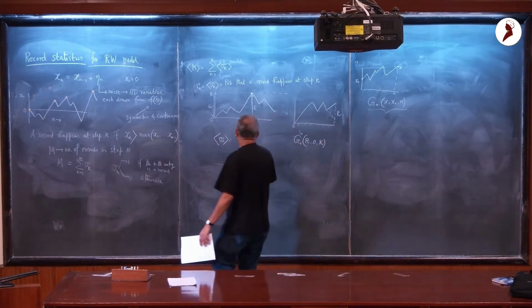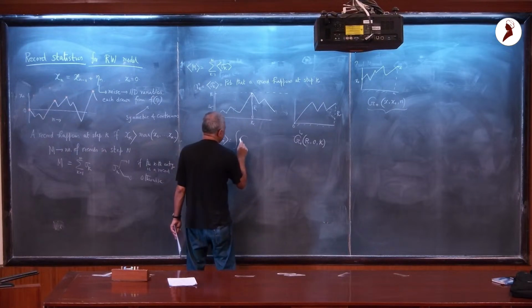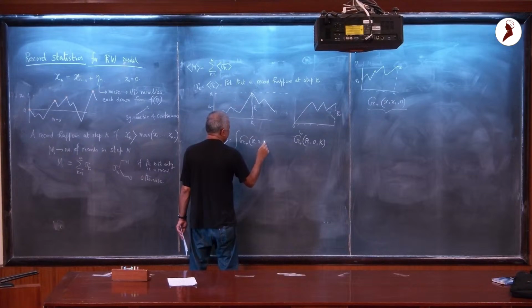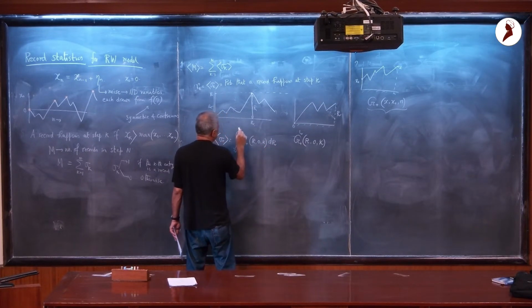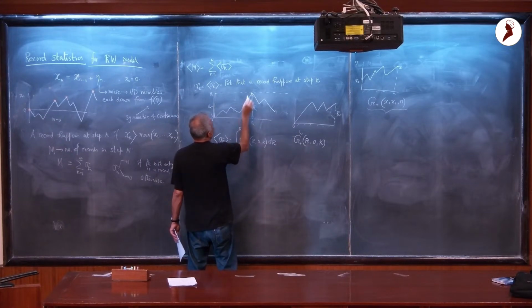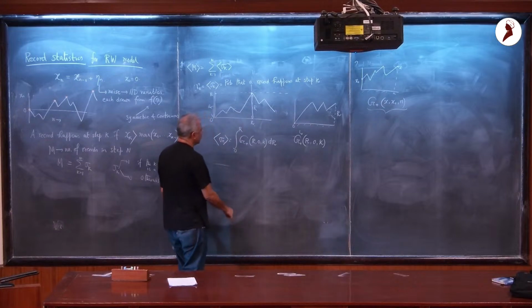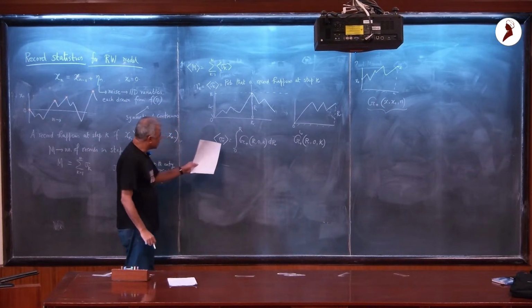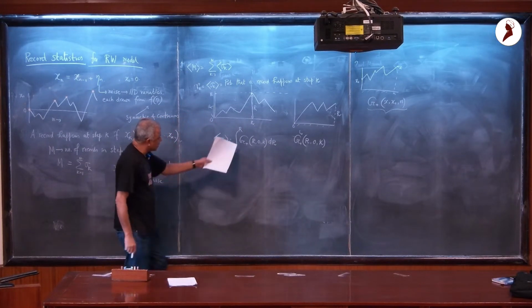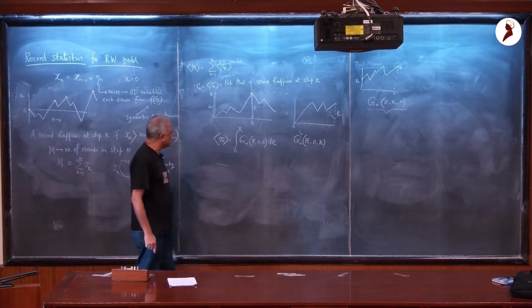So this is exactly g plus of r, 0, k, and I have to integrate over all possible values of r, right? Because this value could have been here, it could have been there, anything from 0 to infinity. So this is therefore an exact result: the restricted Green's function integrated dr, okay?